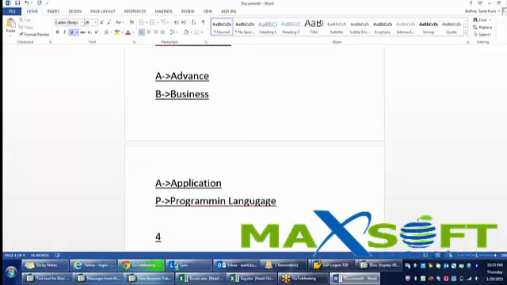But this 4, which is now obsolete actually, don't use it. 4 stands for 4th generation language.